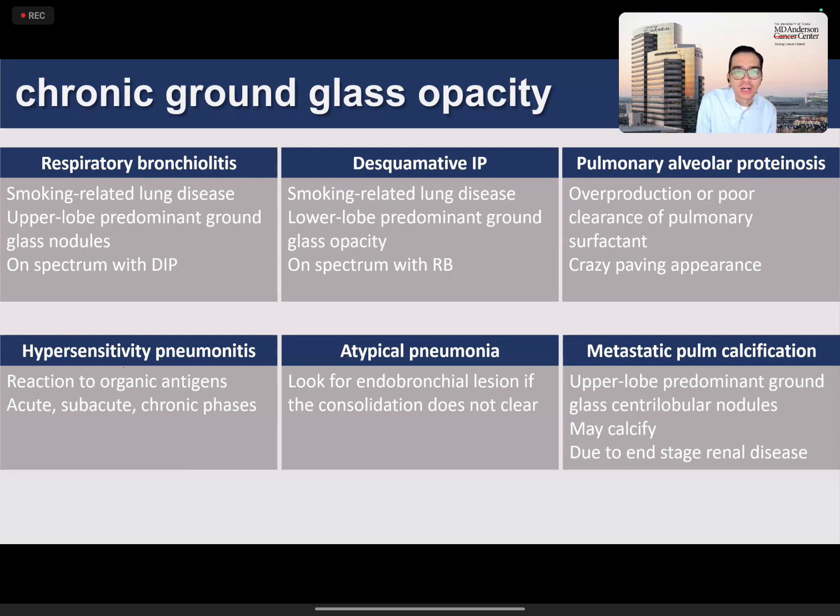Both respiratory bronchiolitis and hypersensitivity pneumonitis can have centrilobular ground glass nodules. I mentioned that in respiratory bronchiolitis the ground glass nodules are more faint, but also if they're a smoker, they're less likely to have hypersensitivity. Then atypical pneumonia again, and metastatic pulmonary calcification.